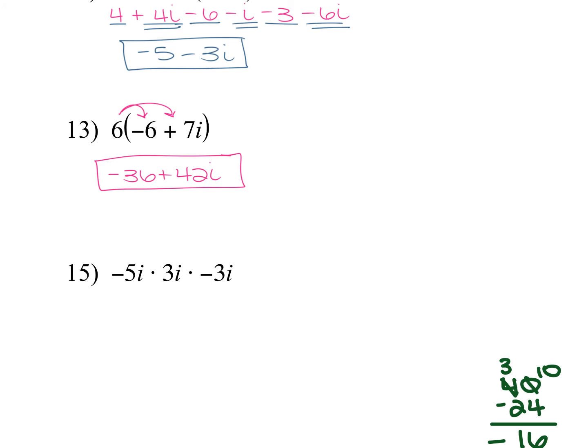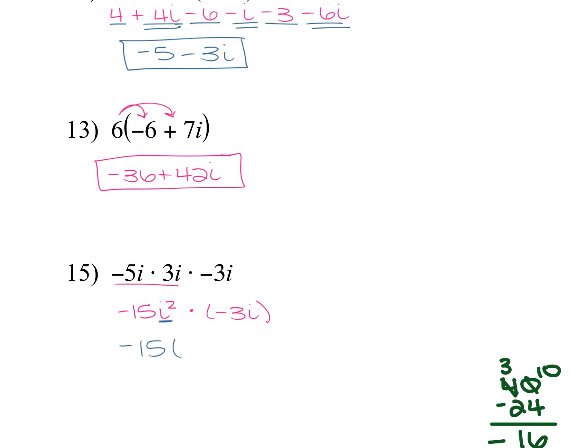For 15, you have negative 5i times 3i times negative 3i. I'm going to start by just multiplying the negative 5i and the 3i. That gives me negative 15i squared times negative 3i. That i squared simplifies to be what?